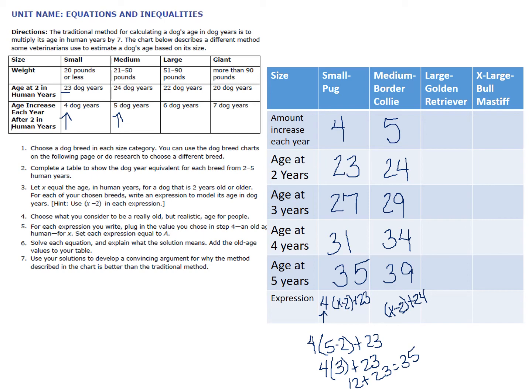That was the amount of increase each year, so we're going to put the amount of increase each year there. So our expression for this one is 5 times x minus 2 plus 24. I did the first 2 columns, so you're going to do the last 2, following the exact same format.